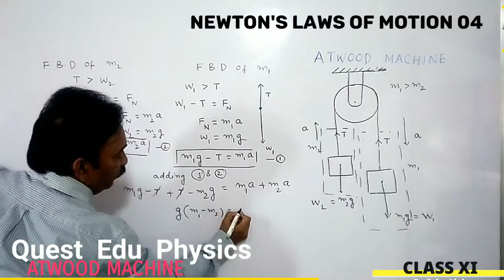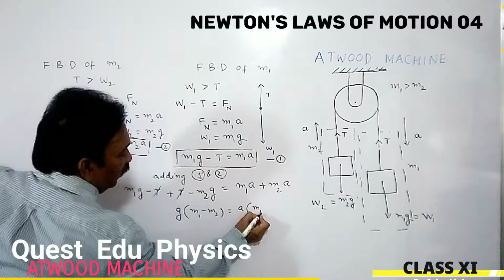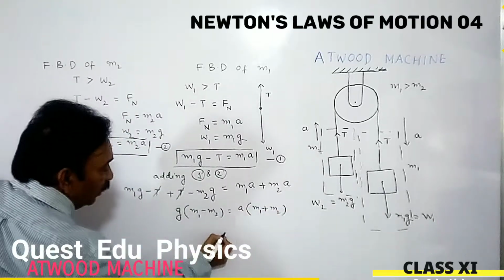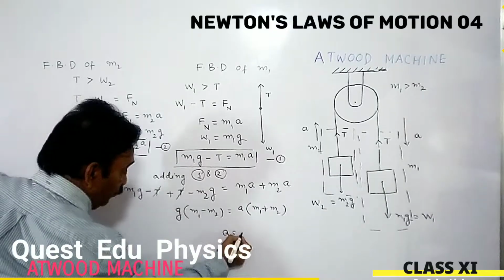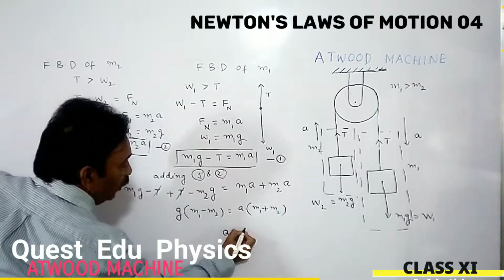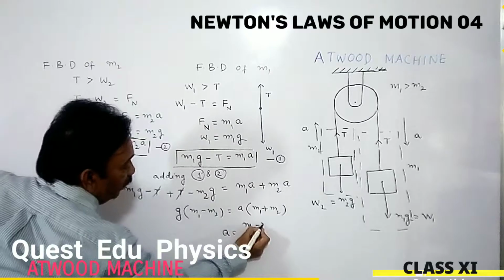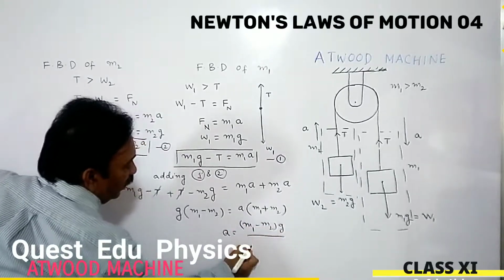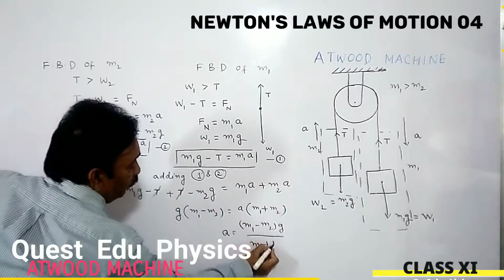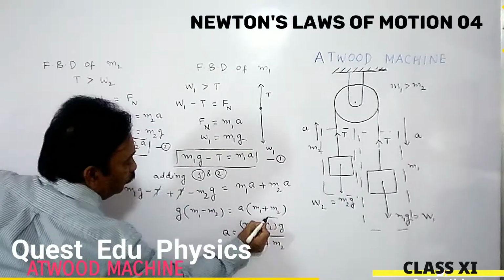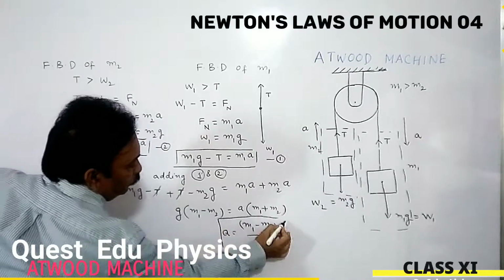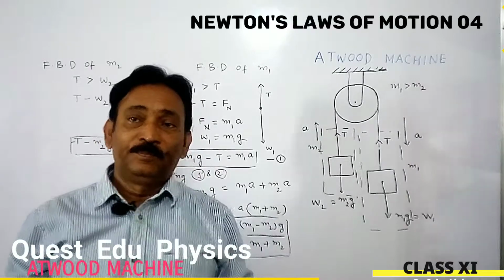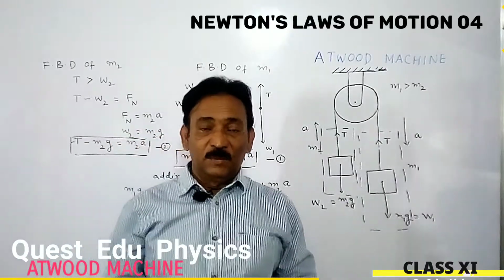is equal to A of M1 plus M2, or A could be defined as M1 minus M2 of G by M1 plus M2. This is the acceleration of the system, students.